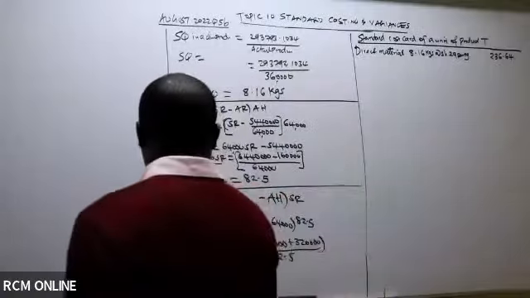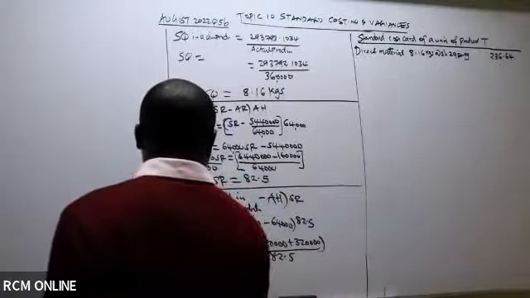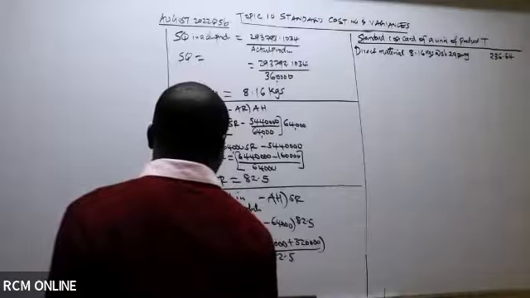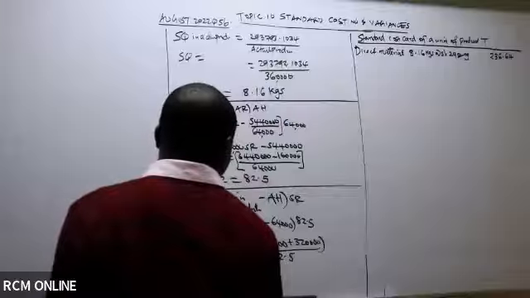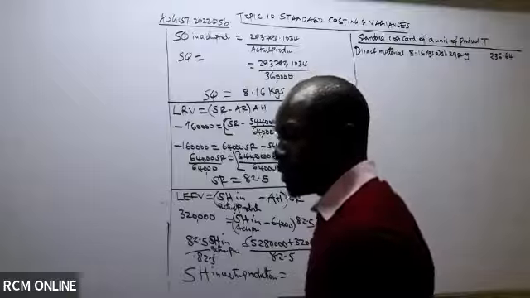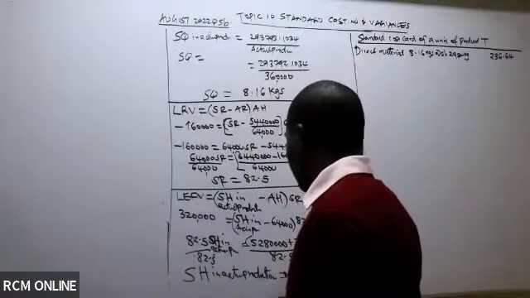I need standard hours in actual production. What is the standard hours in actual production? 67,878.